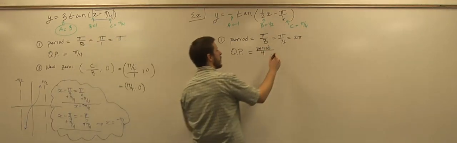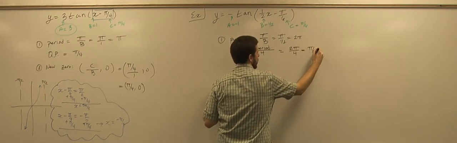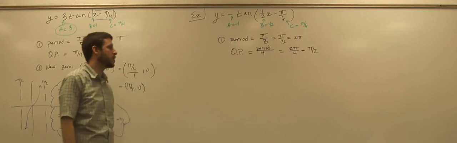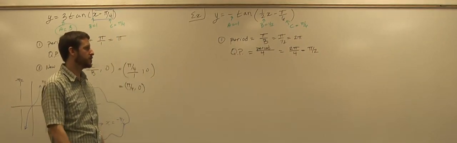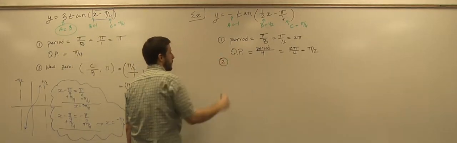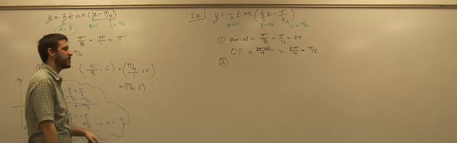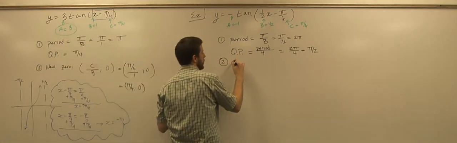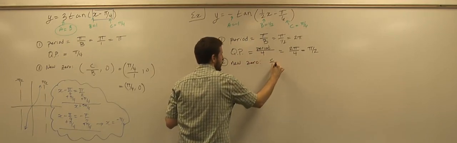So I do 2 pi over 4, pi over 2. So everything's going to be spaced out pi over 2 units away. Then I need to know where my graph moves. We called this the phase shift before. Now it's our new 0. Calculate C over B again.